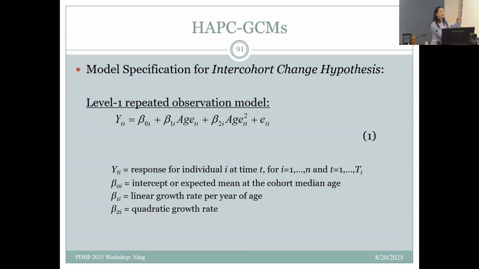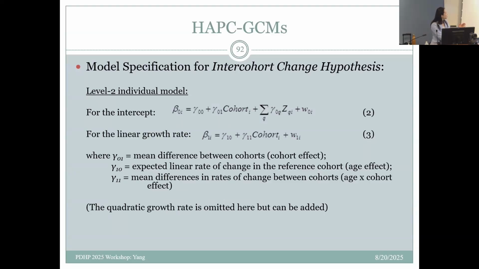Alternatively, one can use wave or survey year. You cannot put both age and wave in this equation, because within individual you have repeated observation. Depending on how you express that repeated observation, you have to pick age or time. So there's no inclusion of a separate period effect in this case, and we address it with this term, gamma 11, through the change of rates between cohorts. Yes, great question. Any other, Paul?